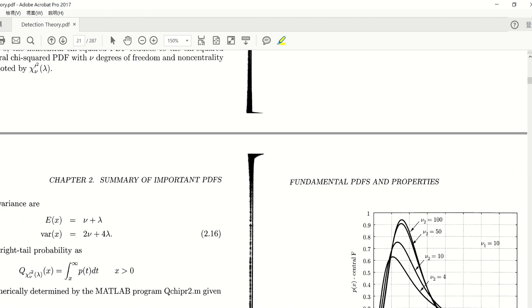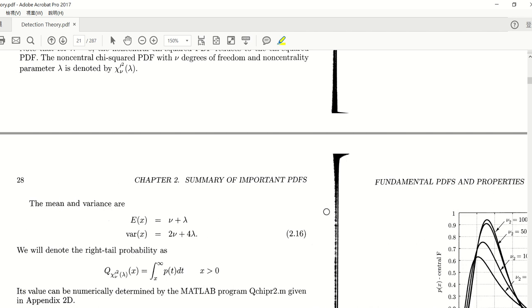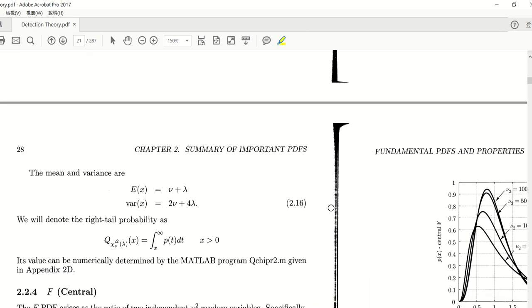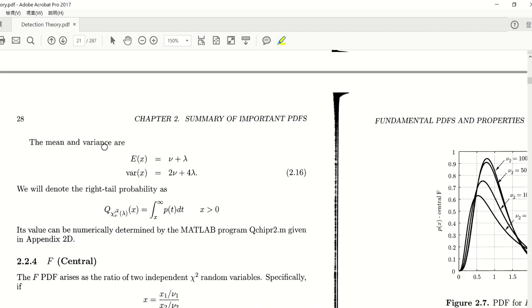And then let's go to the next page. The mean and variance, which is always the concern of our interest for random variables. So for example, the expectation of x is equal to the degree of freedom plus the non-centrality parameter.